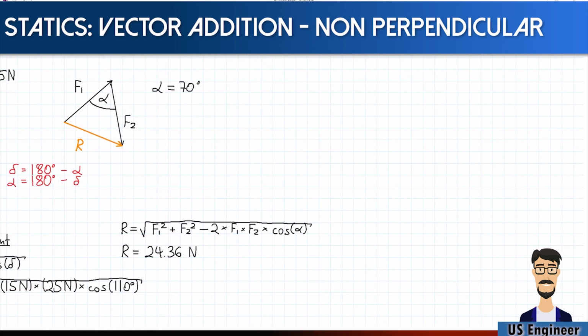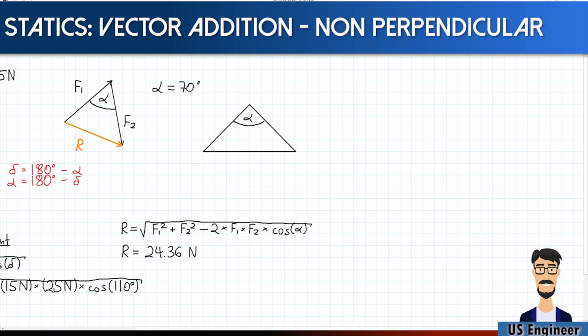The law of sines states that if you have a triangle like this, and you have your corresponding angles, so let me denote this angle as alpha because I did already so on the vector construction here.